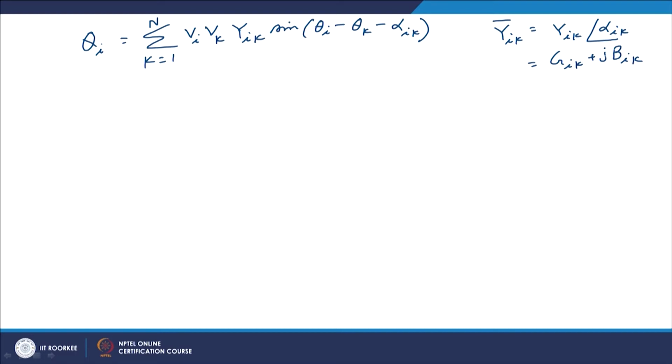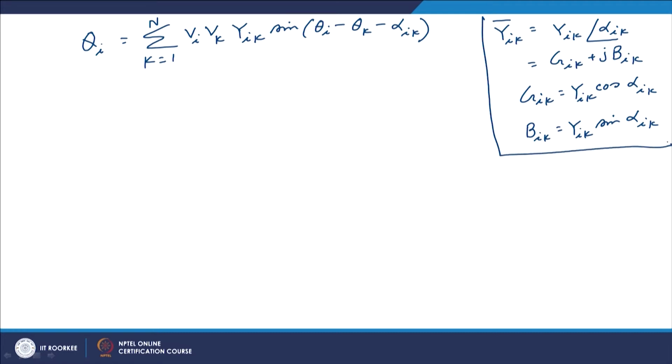This j is not the complex operator. Therefore, we know that Gik is equal to Yik cos alpha ik and Bik is equal to Yik sin alpha ik. All this we have already looked into; we are merely writing it for our recollection.